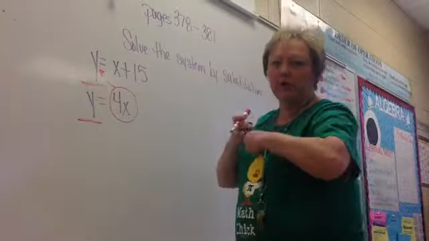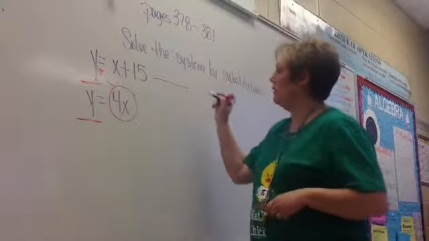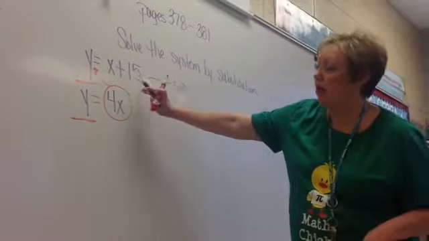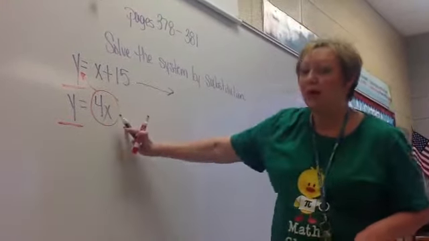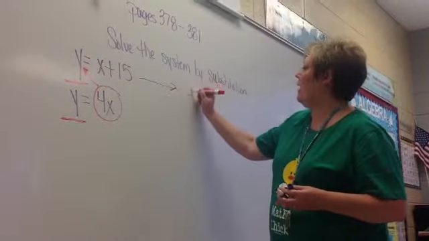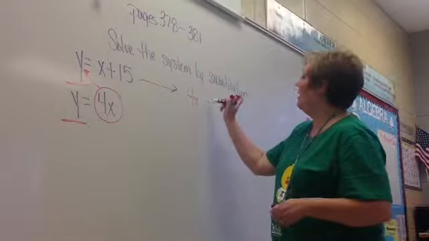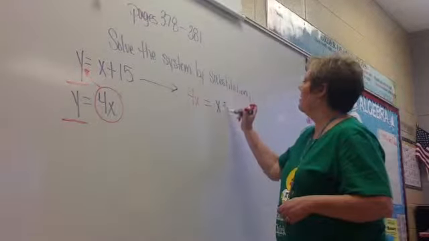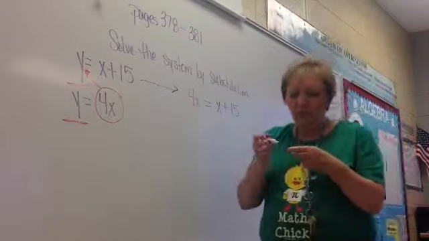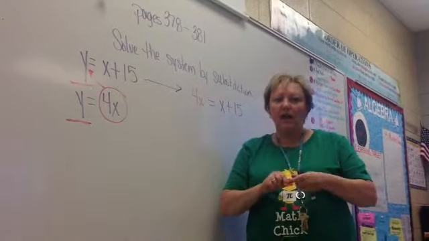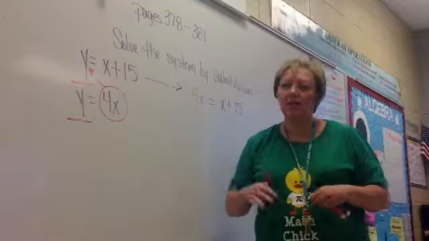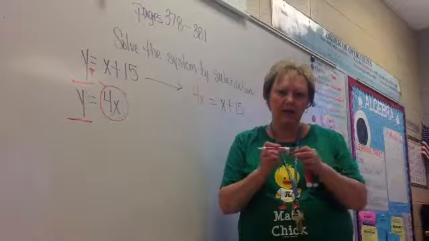Okay, so here's what we're going to do. I've got y equals x plus 15, but I'm substituting 4x in place of y. So 4x equals x plus 15. Now then, remember when we solve equations that we have to have the same variable on the same side of the equation.